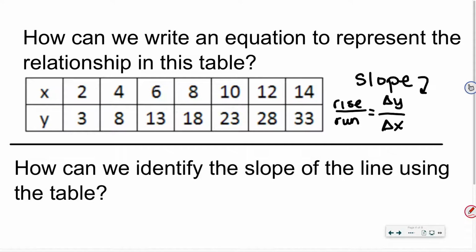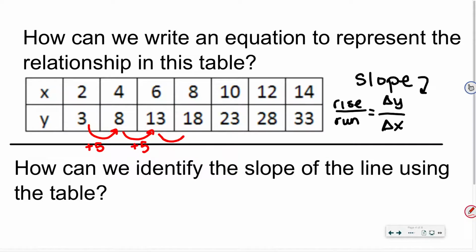How would I find, for example, the change in y and compare it to the change in x? Do you see in that table a change in y? Yes. What is our change in y? What's happening in the table? Y. Every time I increase by 5.